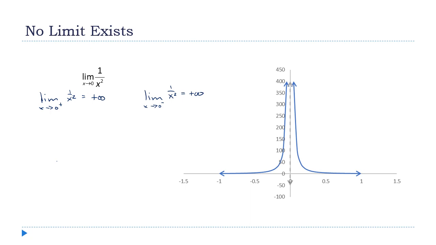So in this case, because the left and right-hand limits are the same, I would say the limit as x approaches 0 of 1 over x squared is plus infinity. And again, that's just a notational way for us to say the function is unbounded at 0, and on both sides, it's unbounded in a positive way. It's increasing without bound.